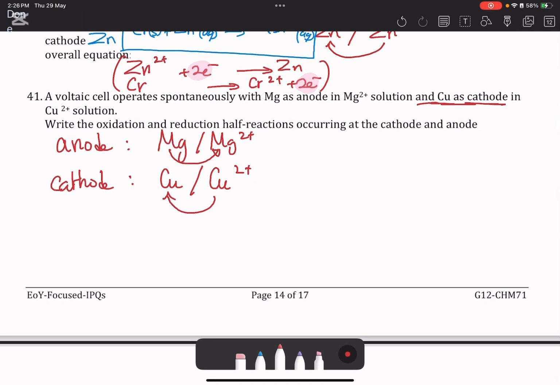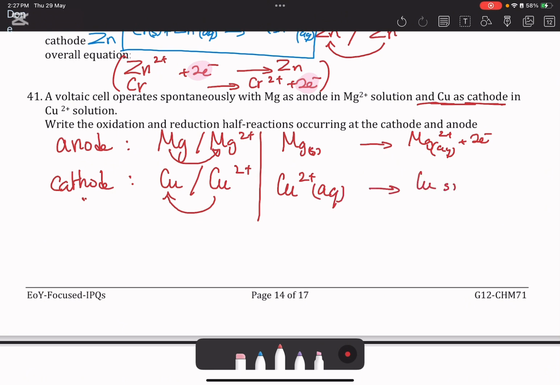So they want the oxidation and the reduction reactions occurring at the anode and at the cathode. So at the anode, it's the Mg solid giving the Mg2+ and 2 electrons. And at the cathode, it's the solution giving the metal. Of course, we add electrons here since this is a reduction. This is an oxidation.